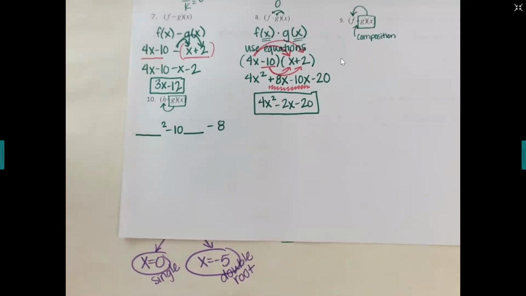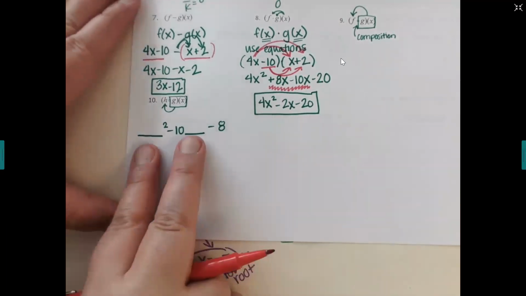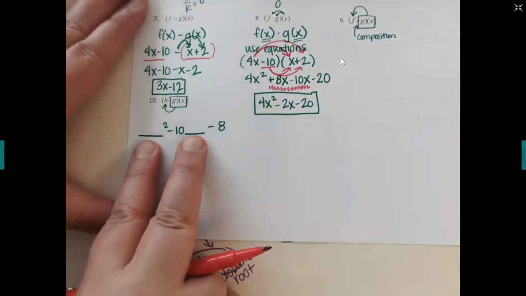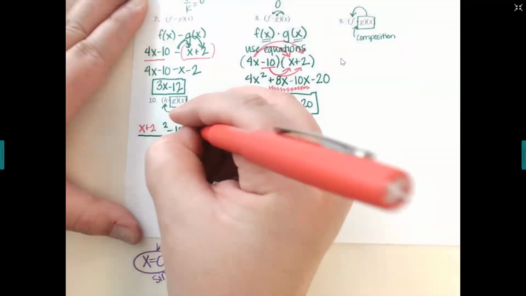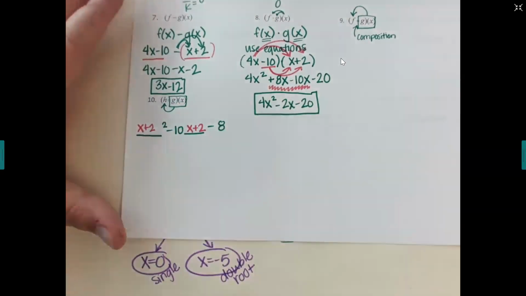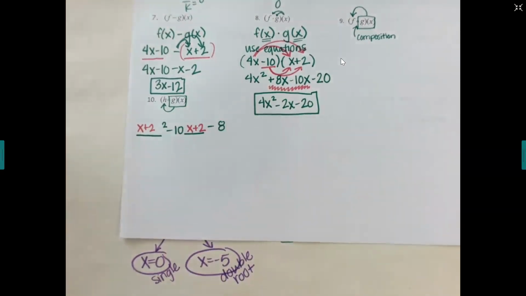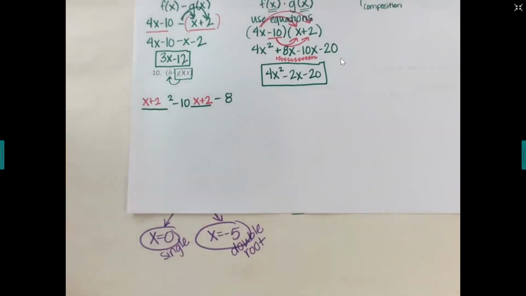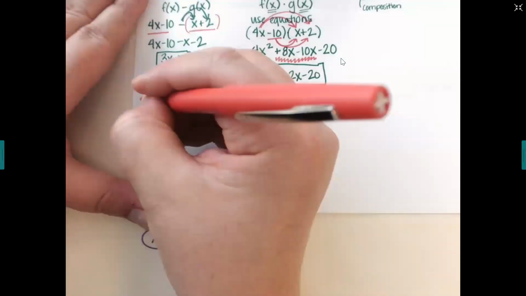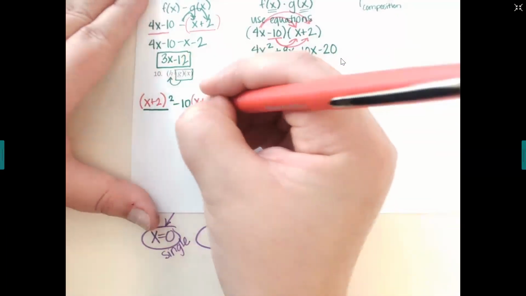And then you're going to take the G formula and sub it into that blank. So what is my G formula that I'm going to put in those x spots? X plus 2. Okay. And then remember what I said, for multiplication and for subtraction, you must put parentheses. So that means right here, I'm putting a set of parentheses and right here.